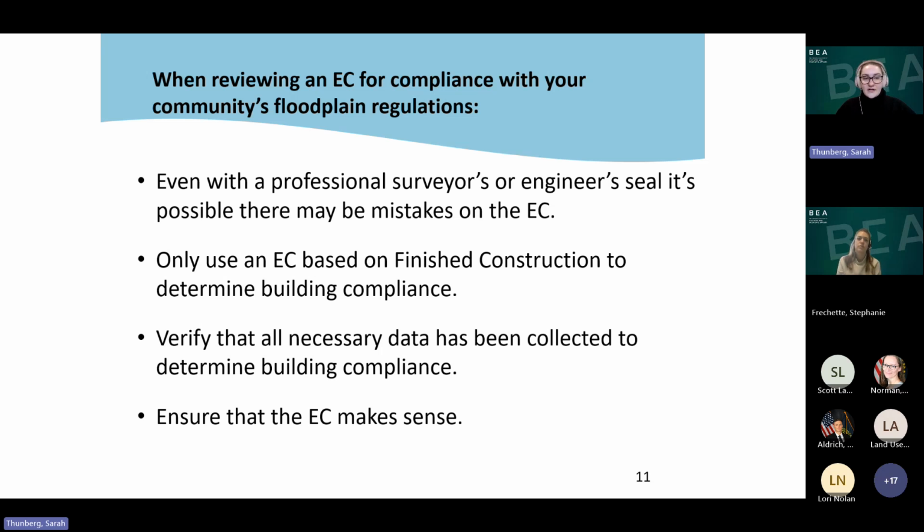You also want to verify that all necessary data has been collected to determine the building's compliance and ensure that the elevation certificate makes sense. Essentially, the lowest floor should be lower than the highest floor, because sometimes those data points can get flip-flopped. So you just want to make sure it makes logical sense.